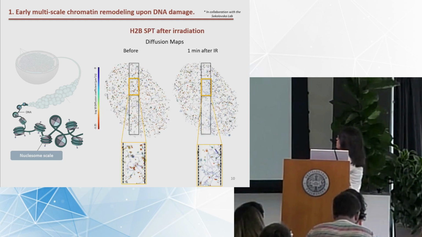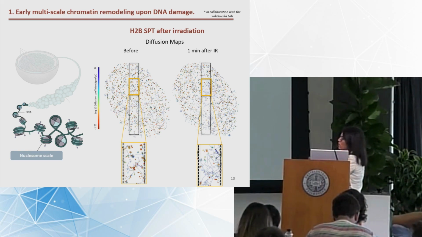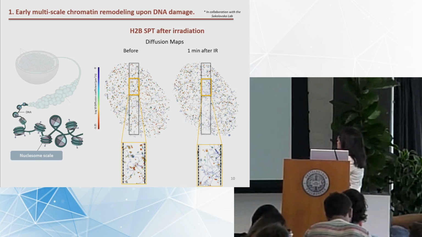So to better visualize this effect on histone dynamics, here I put the representation of all the traces inside a nucleus before and 1 minute after irradiation. And all the traces are colored according to their diffusion coefficient. So red traces show a slow motion diffusion, and the blue traces show a higher diffusion coefficient.